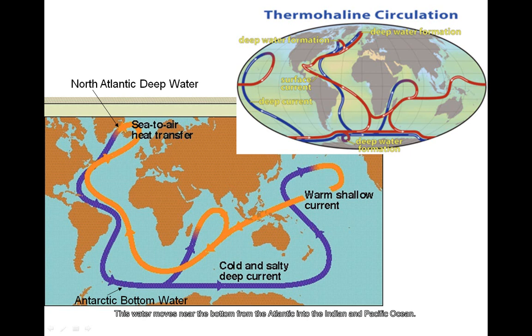This water moves near the bottom from the Atlantic into the Indian and Pacific Oceans. And once in the Indian and Pacific, the water very, very slowly rises upwards over extremely large areas of the ocean. And this risen water then flows back into the Atlantic as warm, shallow surface currents, and now the cycle can begin again.